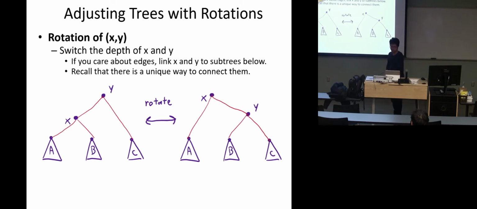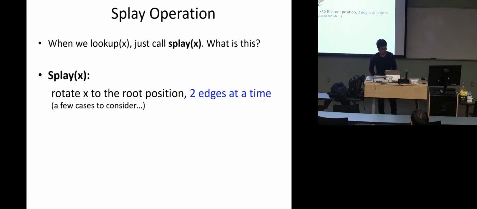That's rotate. And now, whenever you want to look up x in this Splay tree algorithm, what I do is call something I call Splay x. That's the important operation in Splay trees. And what does Splay x look like?